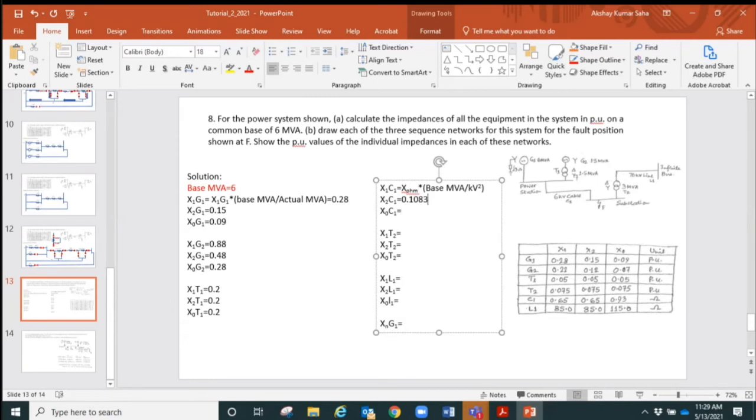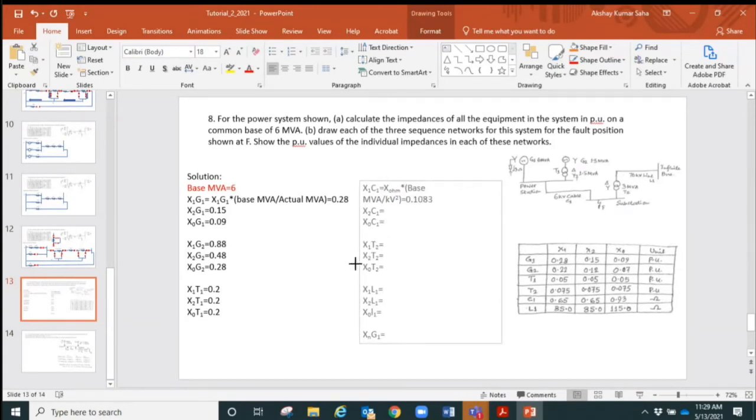So X1, okay, I wrote it in the wrong place. X1 is 0.1083. X2 of C1 would be the same. Singayo is asking what is actual MVA of what.